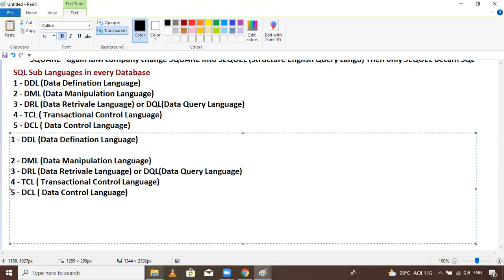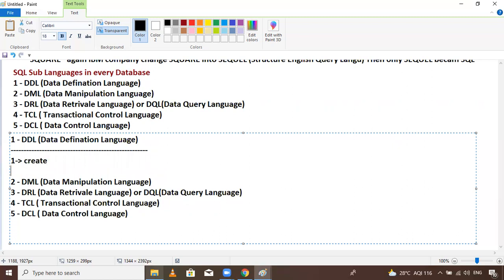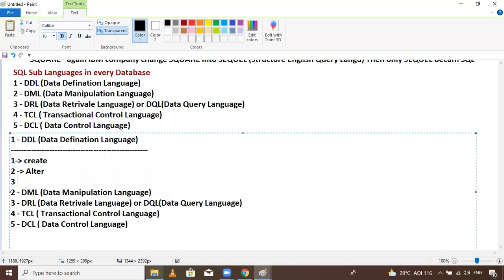In the first language, data definition language, there are some queries, some functions. First one is create, create table. Second one is alter. Third query is drop.